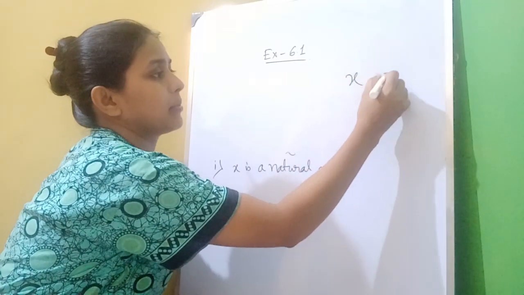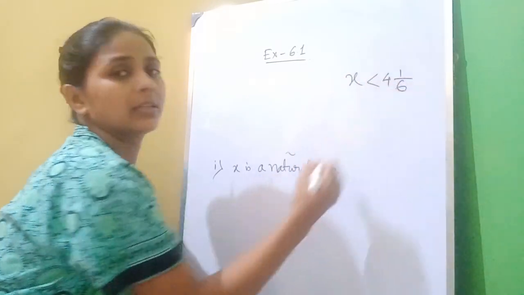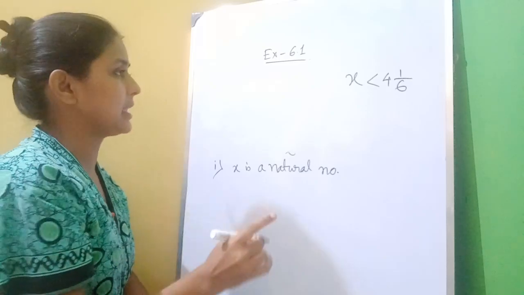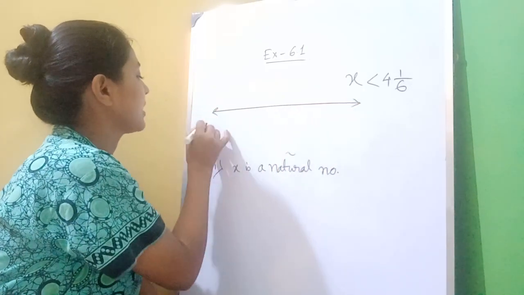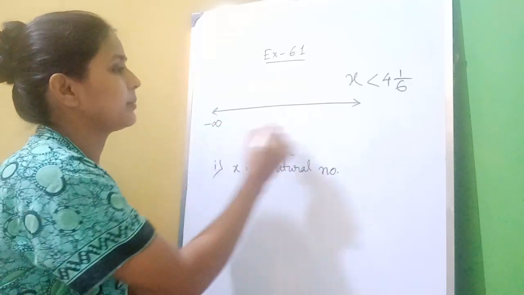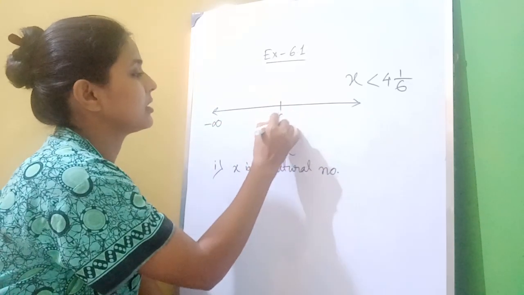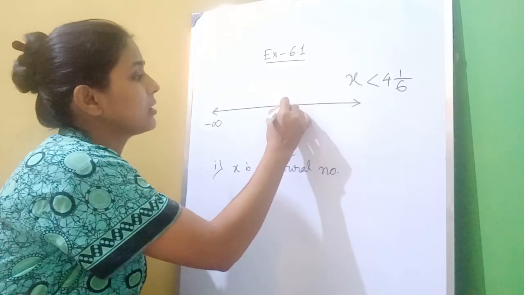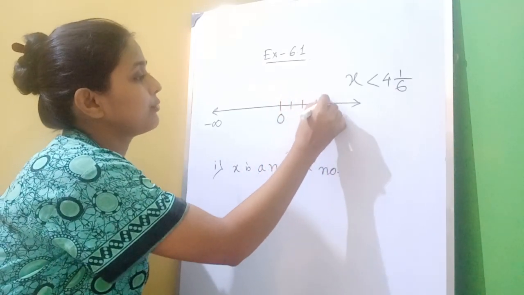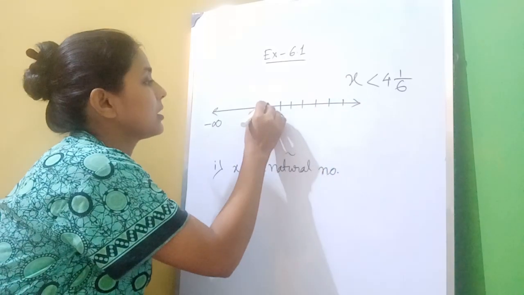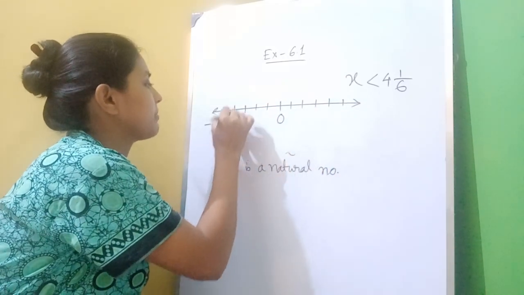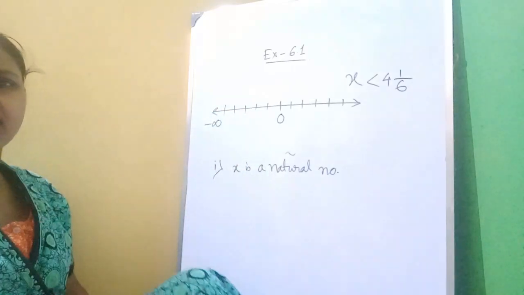What you have got is x less than 4 whole 1 by 6. For this, you draw a number line. Suppose minus infinity, I am giving 0 here, then 1, 2, 3, 4, 5. This is minus 1, minus 2, minus 3, minus 4, minus 5, and so on.